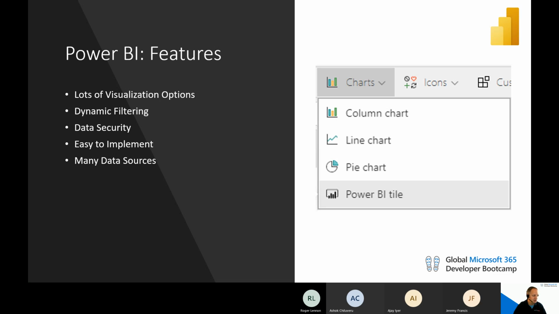There's dynamic filtering we can do from the Power App, which we'll talk about, and that's a big key there. So data security is maintained between Power BI and your Power App. Easy to implement, and you can have all kinds of different data sources because it's really limited by what Power BI can do.